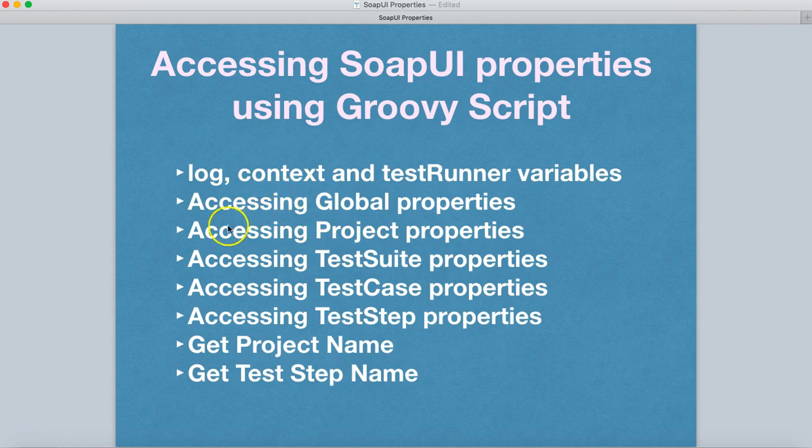So accessing global properties, project properties, test suite properties, test case properties, test step properties, project and test step name. So these are really important to understand and memorize so that you can do your end-to-end automation using Groovy scripting easily. Thank you.